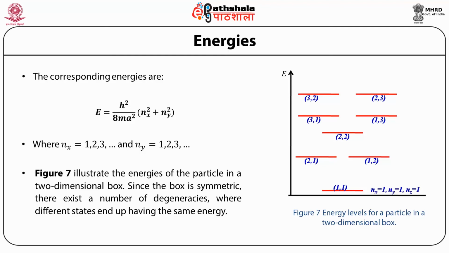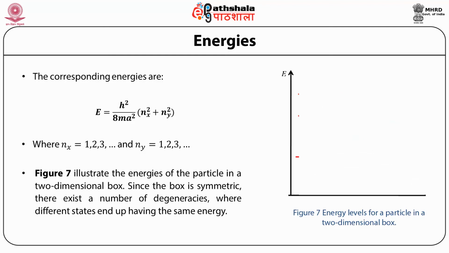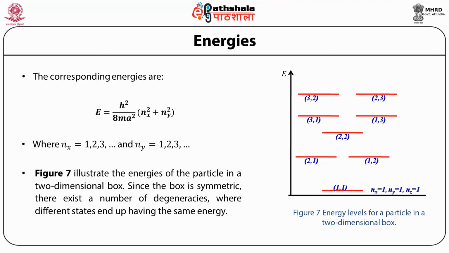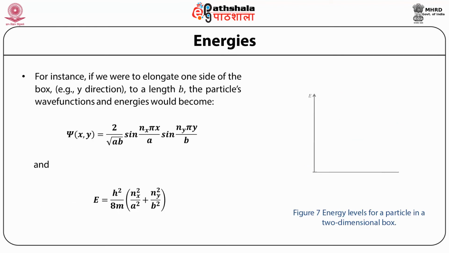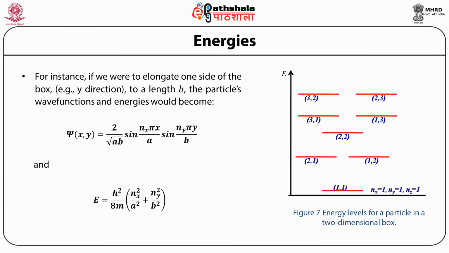As seen from this figure, the state characterized by quantum numbers nx equal to 1, ny equal to 2 possesses the same energy as the state with nx equal to 2, ny equal to 1. Note that these degeneracies can be lifted by making the box asymmetric, with E equal to h square by 8m multiplied by nx square by a square plus ny square by b square.